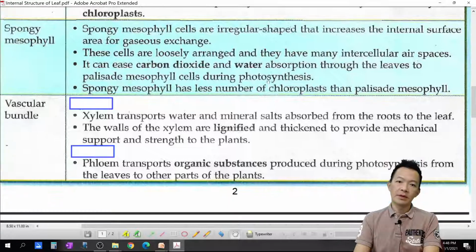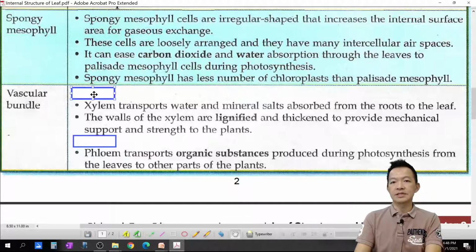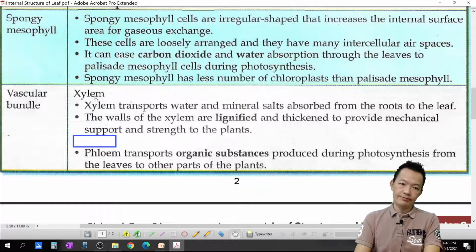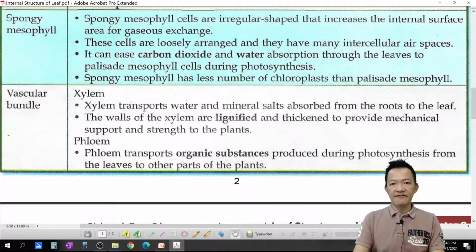Next, vascular bundle has two types of tissue. One transports water and mineral, called xylem tissue. We will study it in detail in chapter 4. Another one is phloem tissue that carries the organic substances. So that is the vascular bundle.